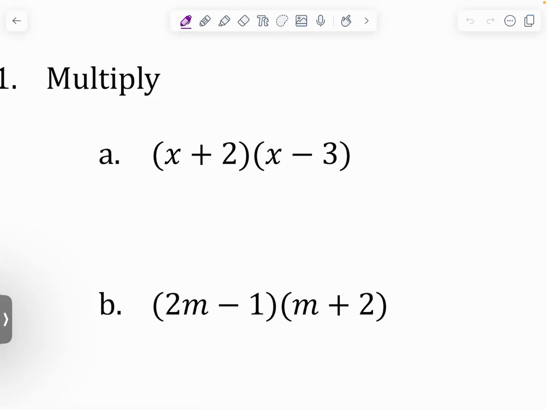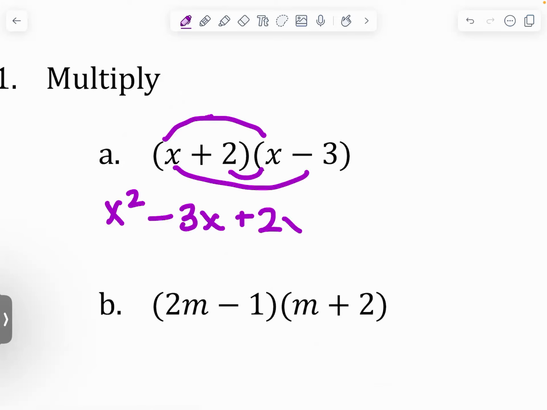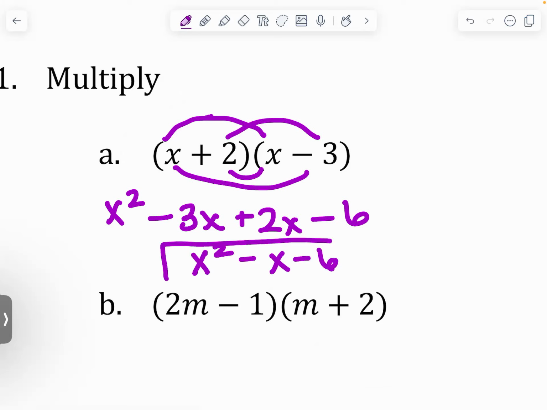We have to take the first product, outside product, inside product, last product. Then when we do that, we need to look for what? Combine like terms. So this becomes x squared minus x minus 6.